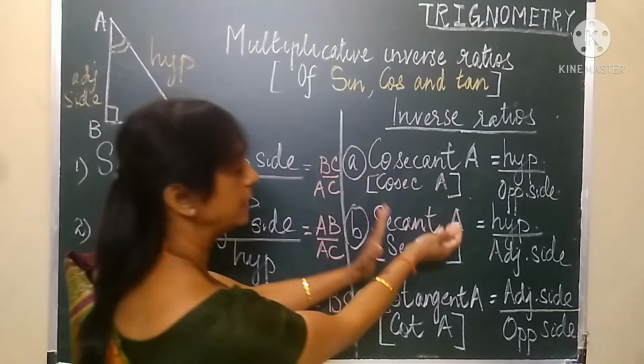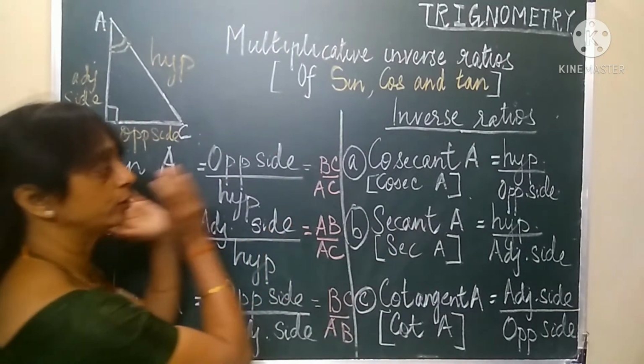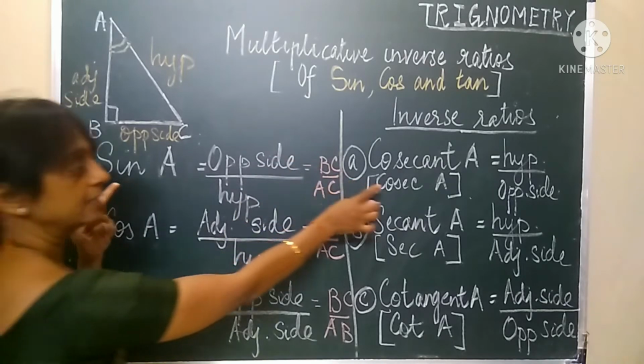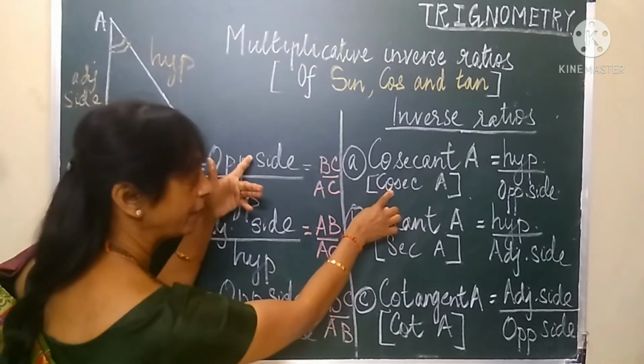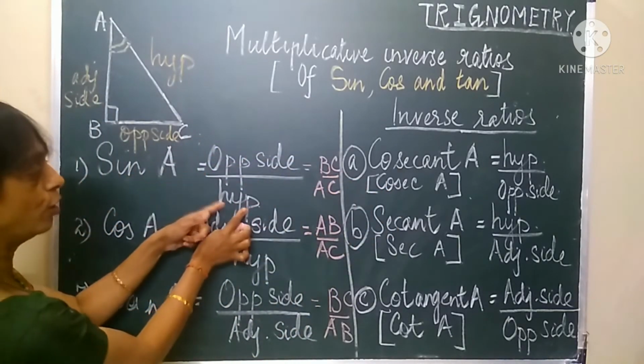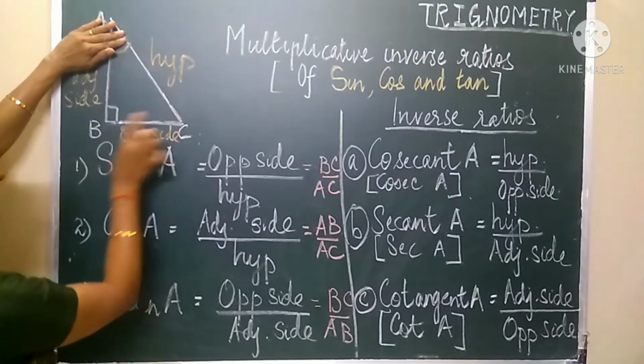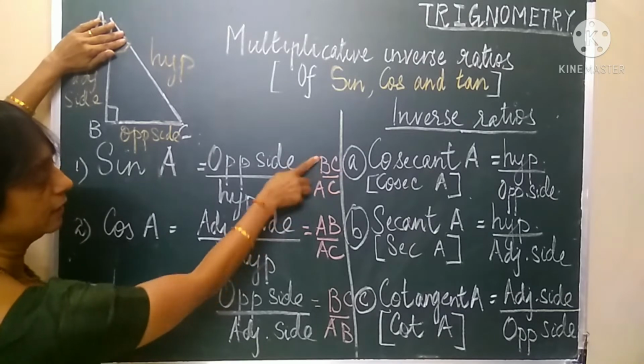What about their multiplicative inverses, or what about their reciprocals? So the reciprocal of sine is cosec. By which formula is it given? Hypotenuse upon opposite side. So AC upon BC, just the reverse.